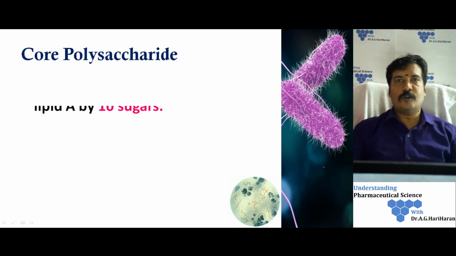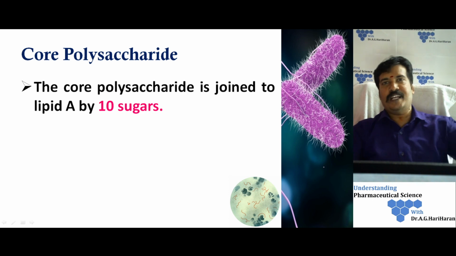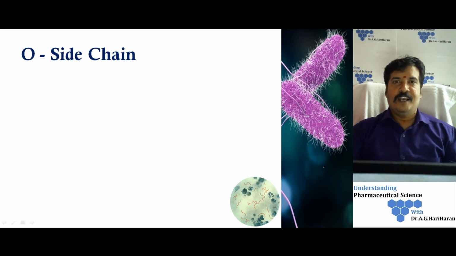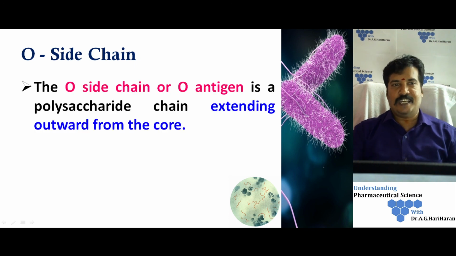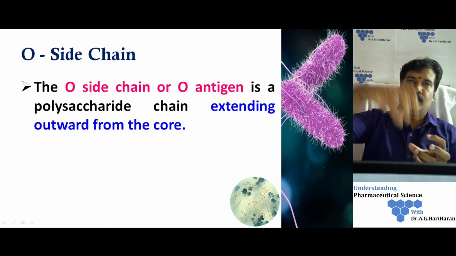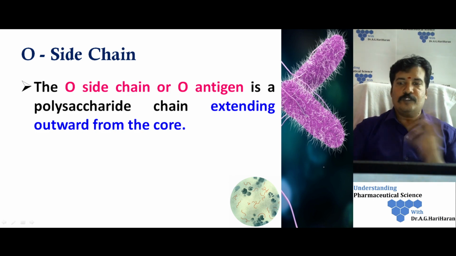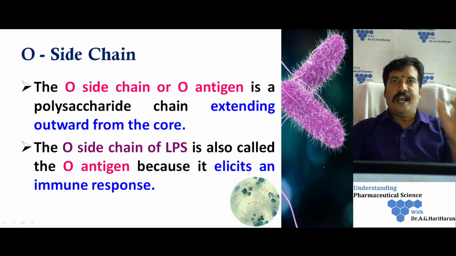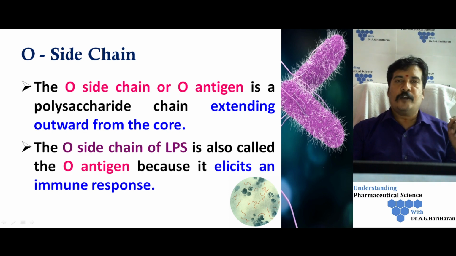The second is the core polysaccharide, which joins the O antigen with the lipid A, which is generally made up of 10 sugar units. And the final one is the O side chain. It is also called the O antigen. It extends from the core to the outside. So in the picture you can see it is freely flowing outside, and it is responsible for the immune response, for stimulating the acquired immunity.